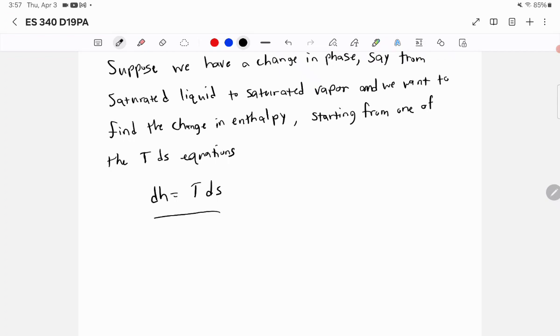Hopefully at this point you have an idea that the TdS equations are important, and this is just going to further emphasize that.